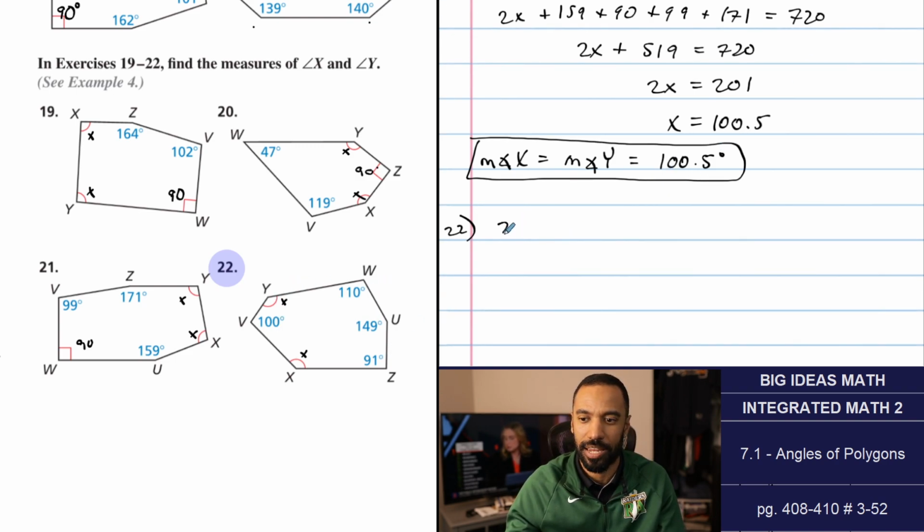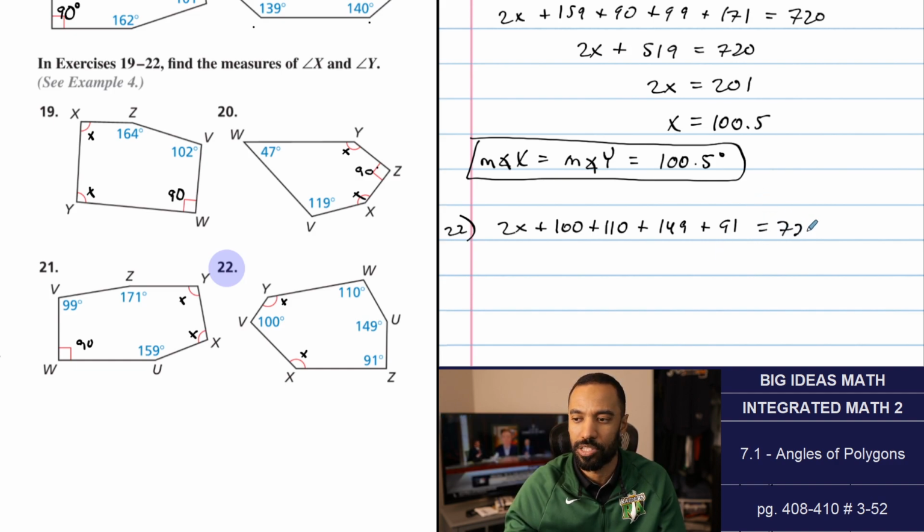Let's just jump right into that. Both x's plus 100 plus 110, that's 210. Plus 149 is 359. Plus 91 is 450. So 450 plus 2x equals 720.